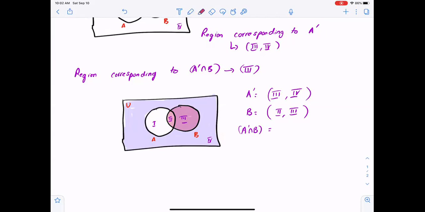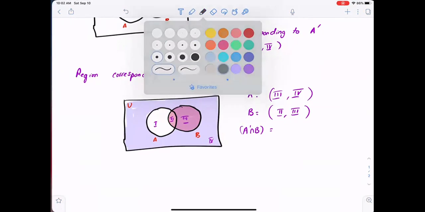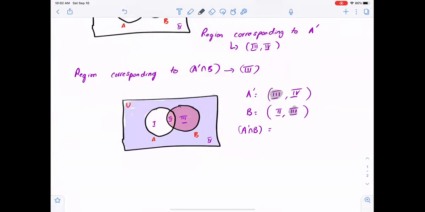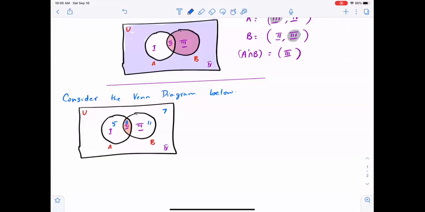Well, I have that and that. So the result has to be region 3. We are going to write the cardinality of the sets.